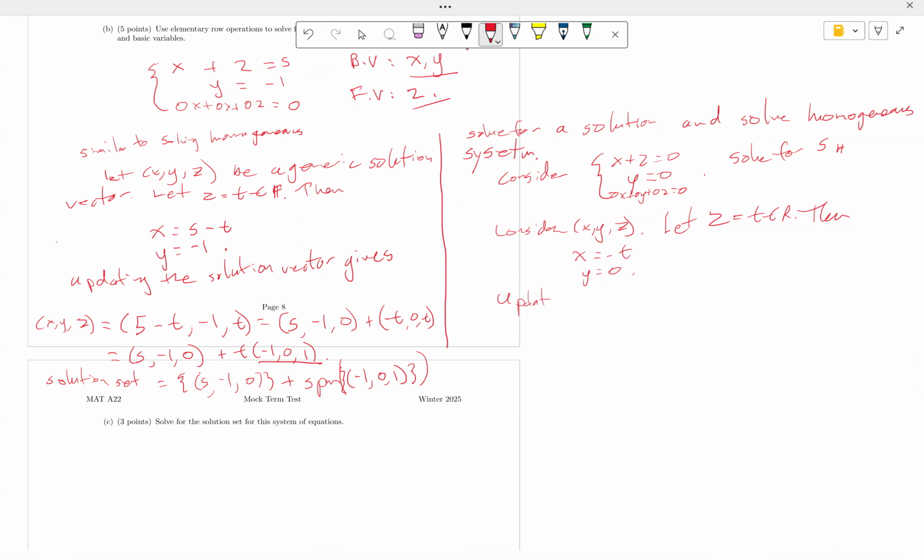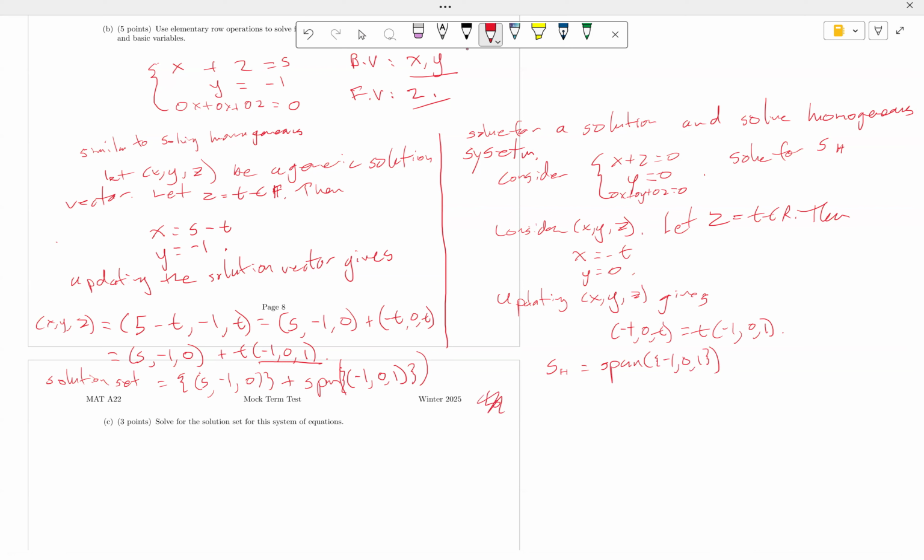Updating x, y, z gives minus t, 0, t, which equals t times -1, 0, 1. So SH equals the span of the set -1, 0, 1.